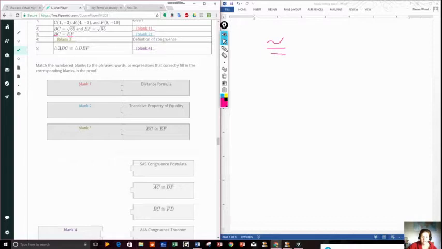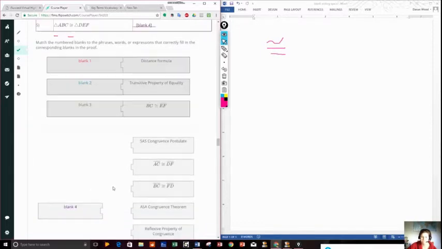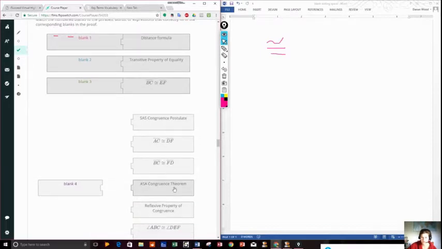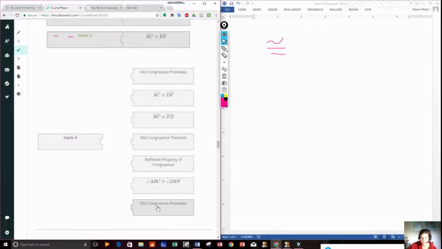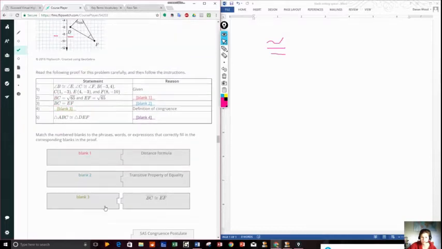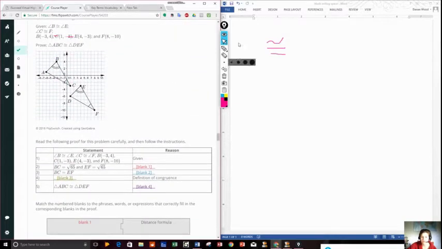And then we have triangle ABC is congruent to triangle DEF, blank 4. So is it the side angle side congruence postulate, angle side angle congruence theorem, or the side congruence postulate? So let's look through what we have. We have an angle here. Angle B is congruent to angle E. And then we just proved that the side BC is congruent to the side EF, so we have a side.